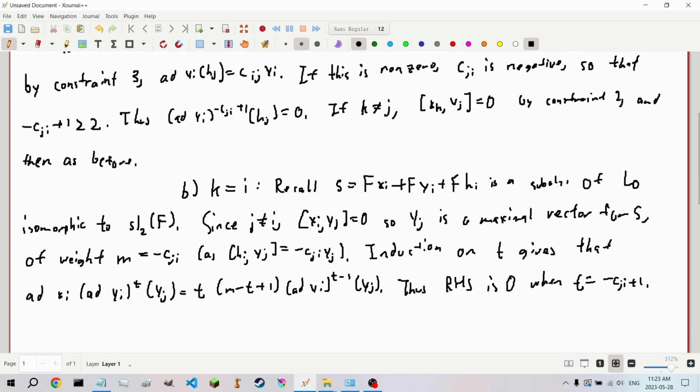There's one more idea we need before we get to Serre's theorem here.